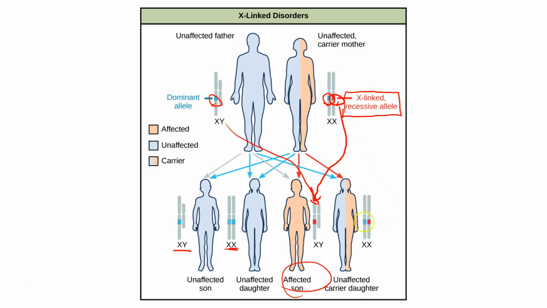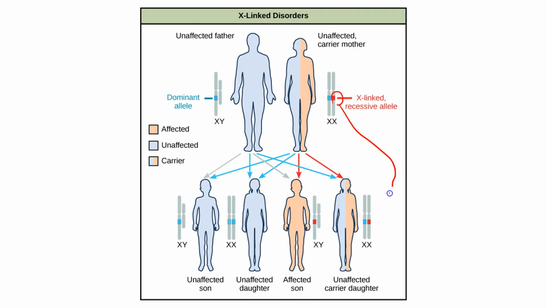And then this combination here, the other daughter, they actually do inherit the recessive trait, but because they have two X's, they also inherit the dominant one from dad, and that means that they have the dominant allele there, so it's going to mask or cover up the recessive allele here. So all that to say, there's generally a greater likelihood that sons will inherit an X-linked recessive trait versus daughters.